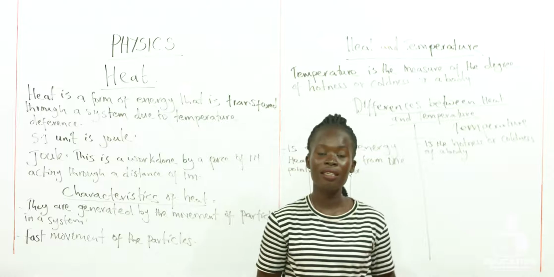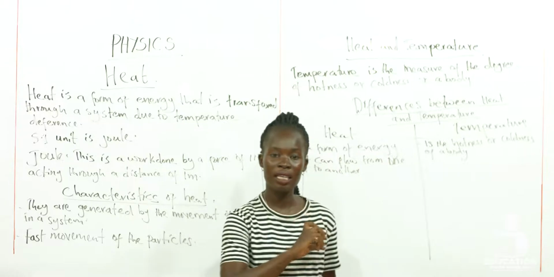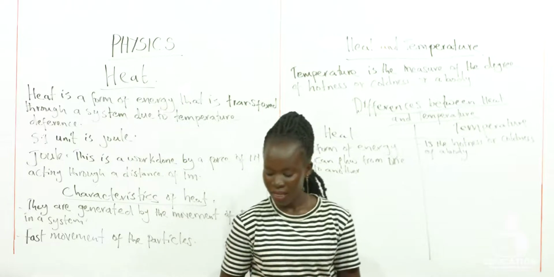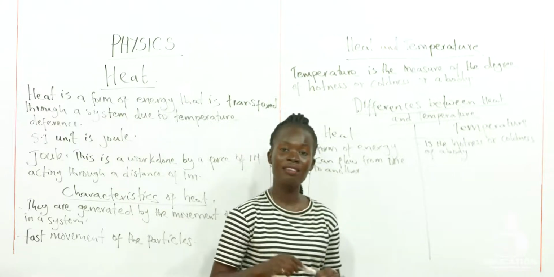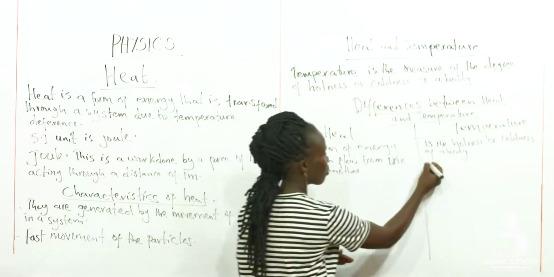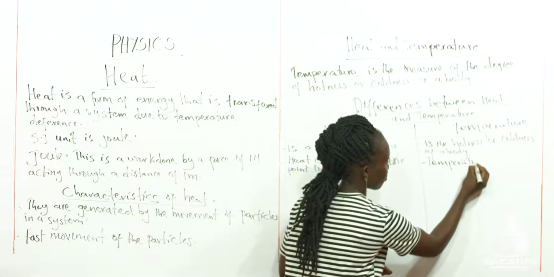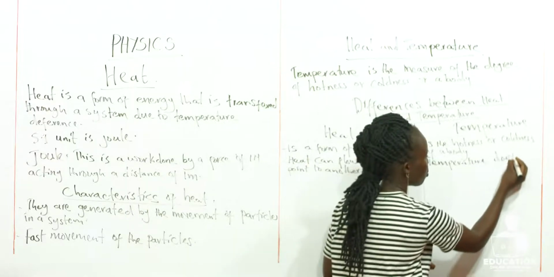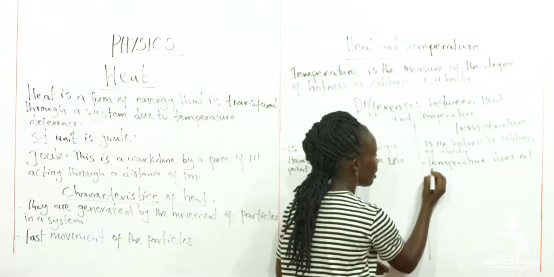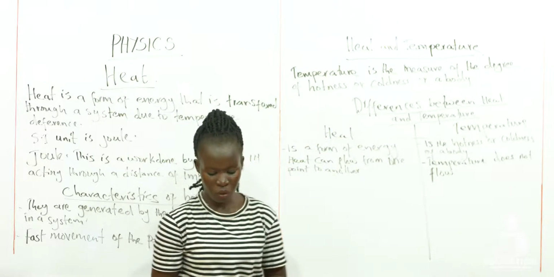In this case, it is the heat, because each body stores heat as thermal energy. So that movement there is of the heat. It is not the temperature. So we say that temperature cannot be exchanged. So you see that temperature does not flow, or you can say it is non-exchangeable. So that is another difference between the two.